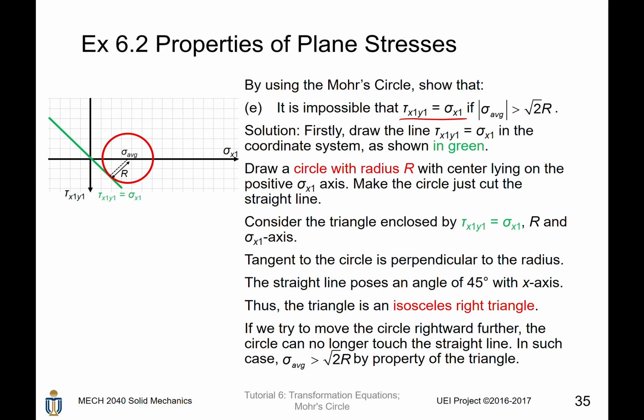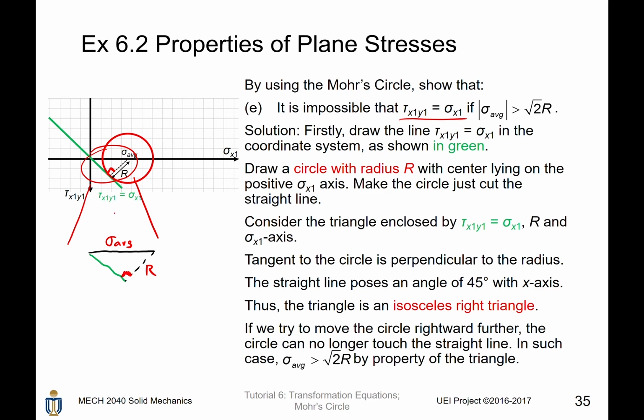We know that if a circle is cutting a line, then the radius is perpendicular to the tangent. Then let's magnify this triangle. For this triangle, sigma average is here, r is here, and we have this 90 degrees angle here.